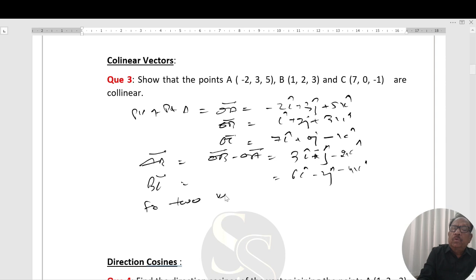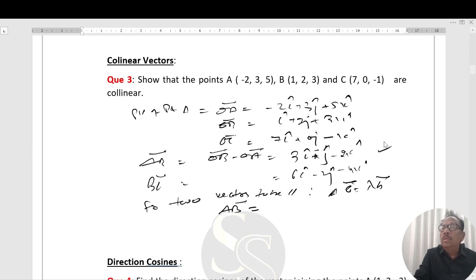For two vectors to be parallel, we should have vector A equal to lambda times vector B. That is, AB is equal to, in this case, taking common 2, 3i minus j minus 2k. Right?